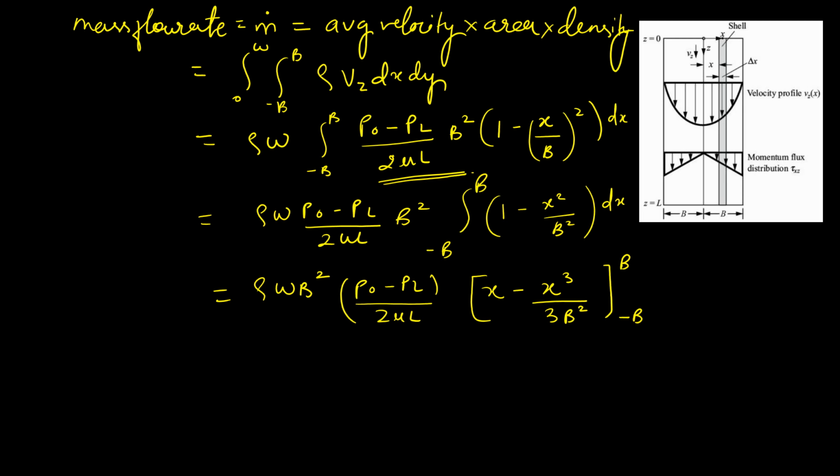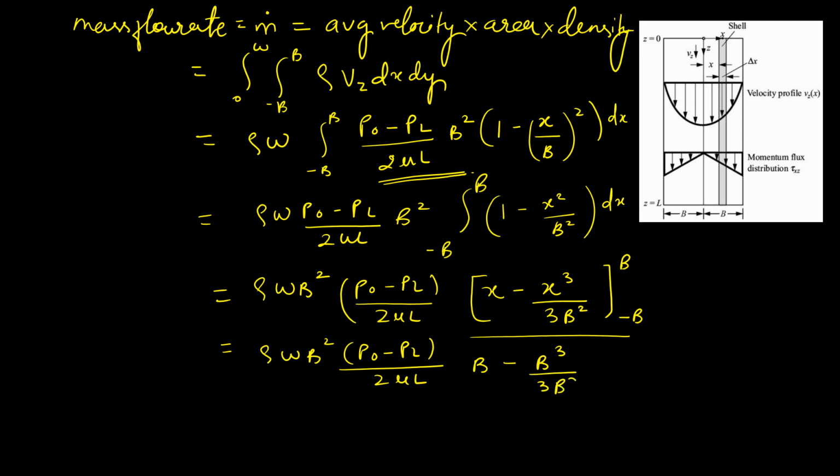So solving this, what I get is b minus b cube upon 3b square, minus minus b minus b cube upon 3b square.